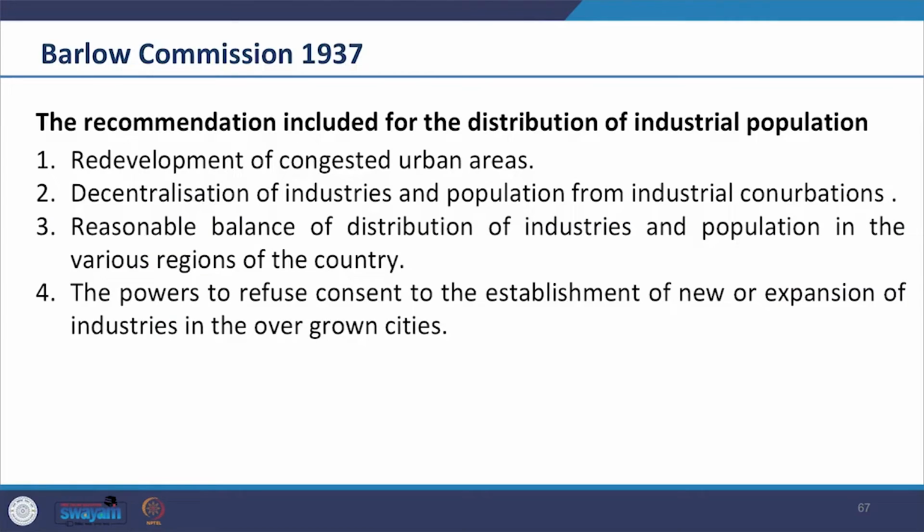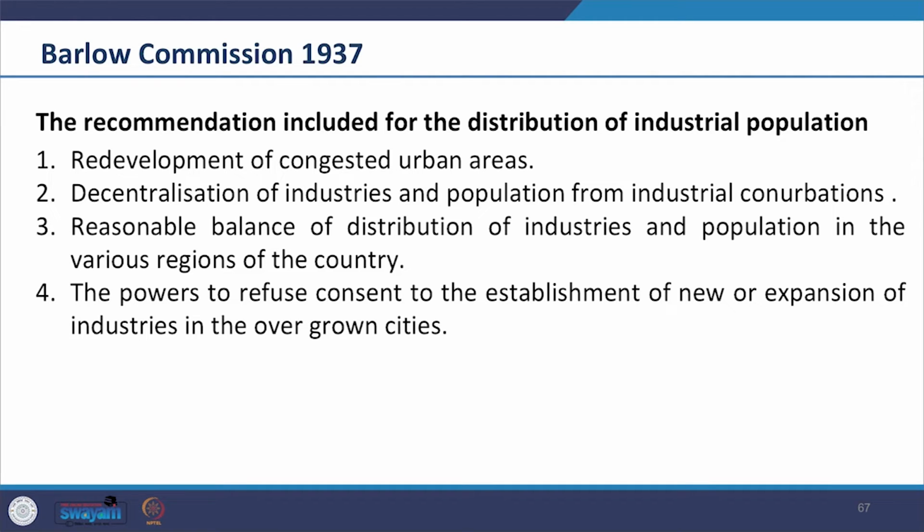So, the recommendation by the Barlow Commission included to redevelop the congested urban areas, and further decentralization of the industries and population from the industrial conurbation. Then the recommendation included achieving a reasonable balance of distribution of industries and the population in the various regions of the country.